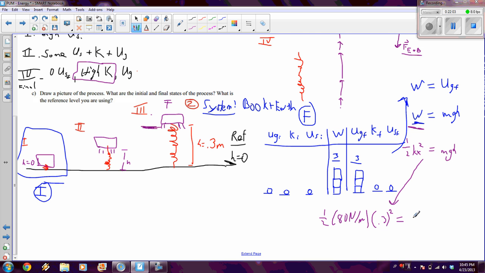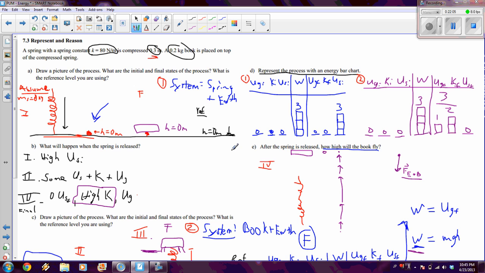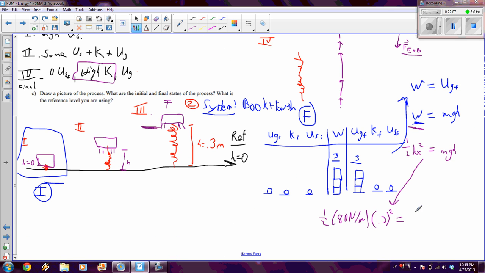And that equals m of the book, which is a 0.2 kilogram book. We have g, our gravitational constant, 9.81 meters per second squared. And then we have h, in meters, that we're trying to find. So we are indeed trying to find this h, and once we do, we will have our answer.